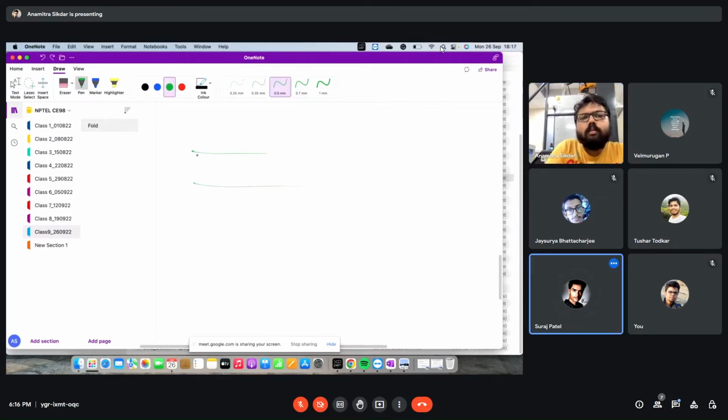So it appears something like that, right? This is the flow direction, and if some kind of deformation happened after that, then these layers will be refolded like this.